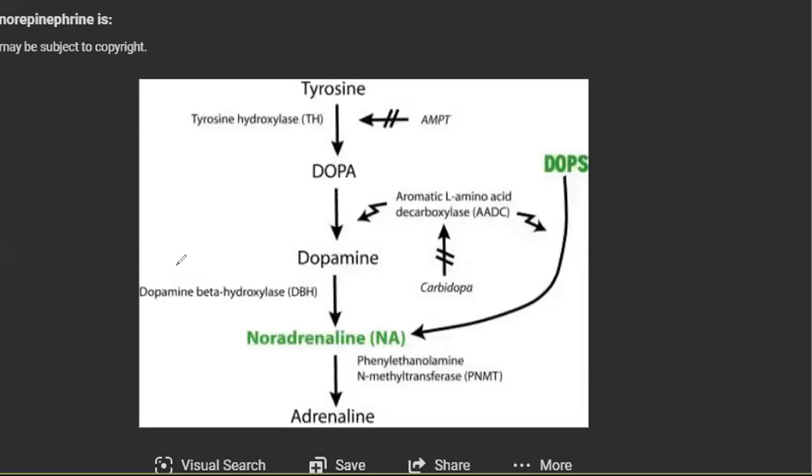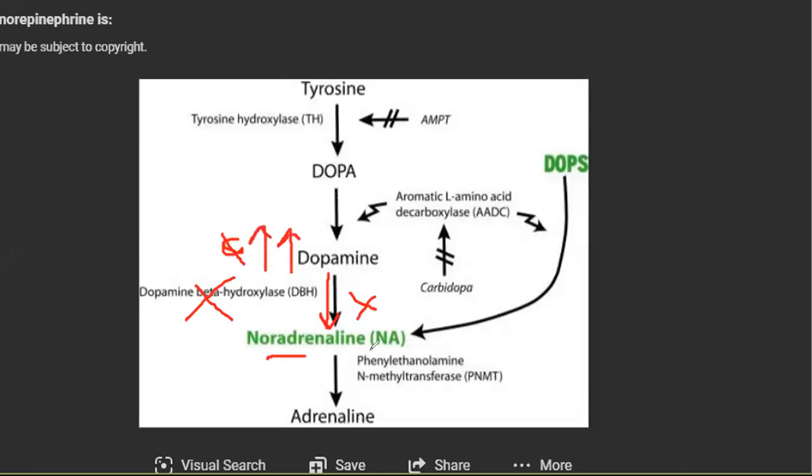And then I showed you this image in which vitamin C is converting your dopamine into noradrenaline. If vitamin C is not there, this enzyme will not work. Dopamine will not be converted to noradrenaline. The levels of dopamine will increase, and it will cause other problems.